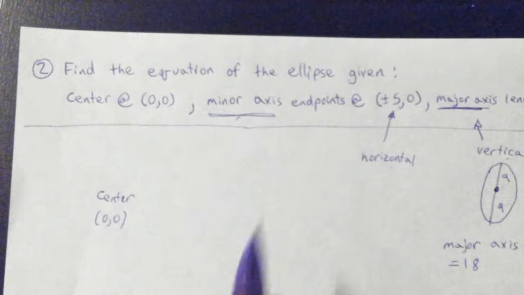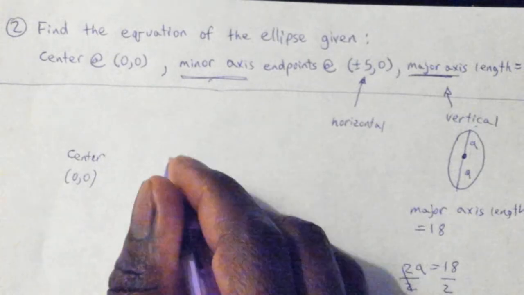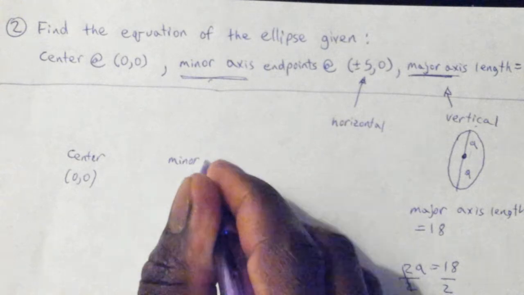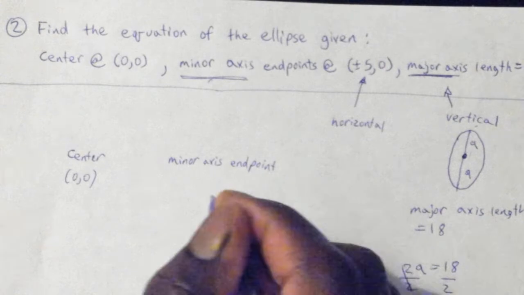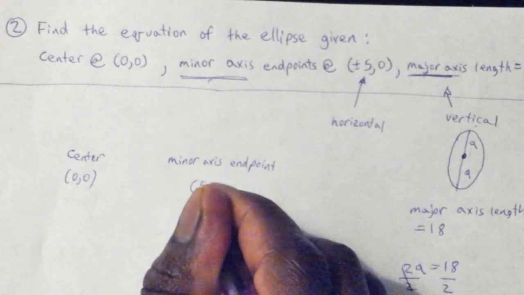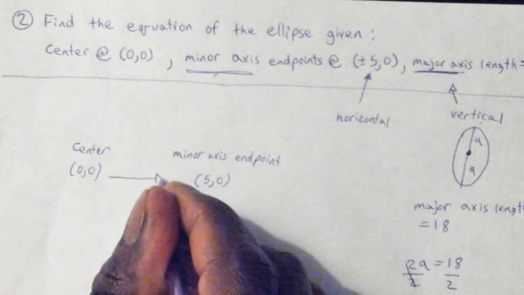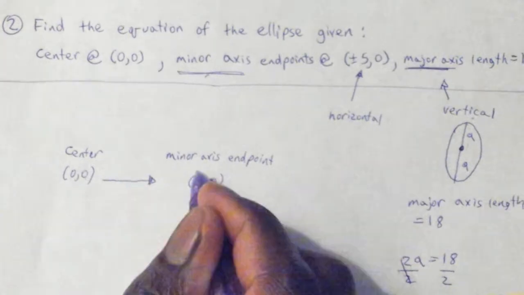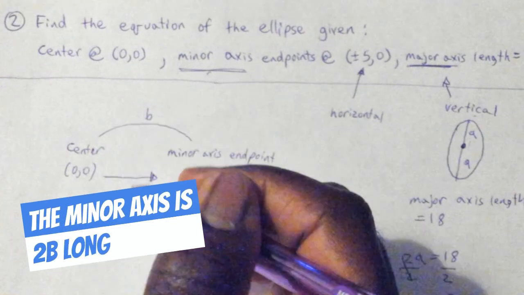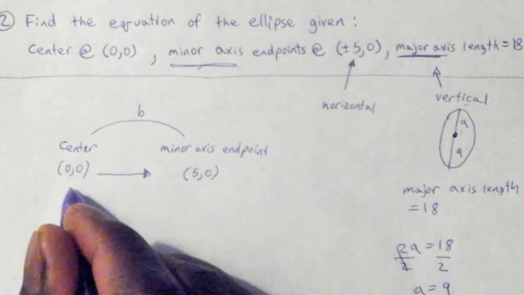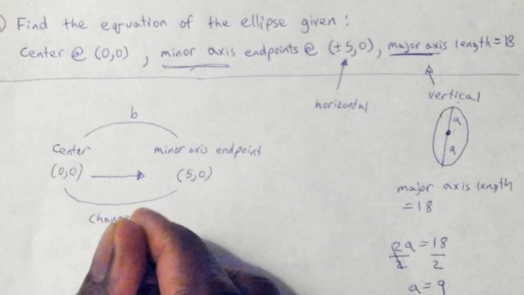We'll notice that the minor axis endpoint was at 5, 0. So let's go ahead and write that down. And remember that when we go from the center to the minor axis endpoint, we're using the letter B. And when we go from 0, 0 to 5, 0, how many units do we go across, or how much does it change by?